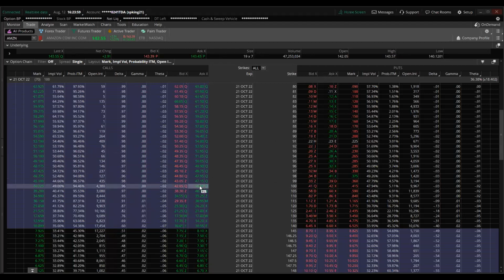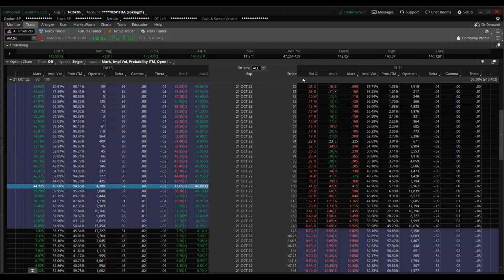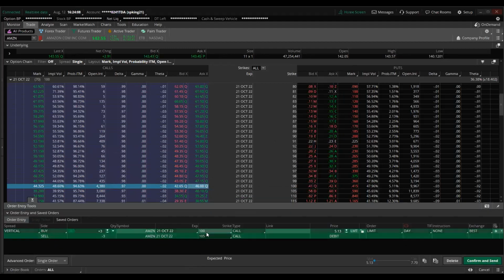If I look at the 100 and go deep in the money, and I do a buy vertical here, I would be buying the 100 and selling the 105. My cost to do that would be, just call it $5, or $500 per contract.